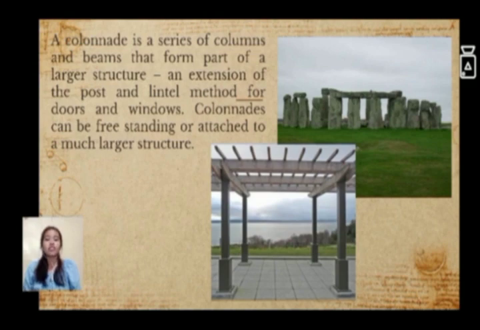As you can see in the picture, there is a series of columns and beams. There is also an extension of the post and lintel method for doors and windows, which we can see today in our doors and windows, and behind our doorway, which look like altars.